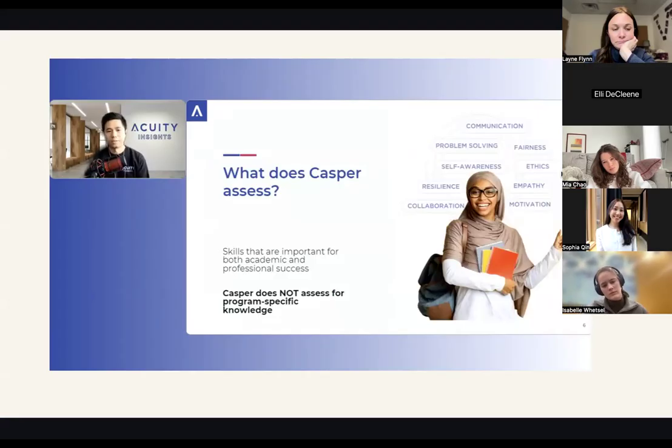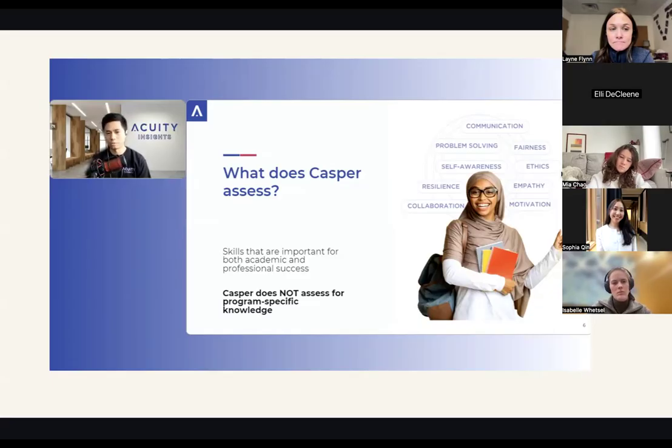So Casper assesses a balance of the aspects of social intelligence and professionalism that you see listed on this slide here. These are all skills and behaviors that we draw from whenever we're in a new and challenging situation. One thing is that Casper is not a knowledge-based test like the MCAT or the LSAT. So it doesn't require any industry-specific knowledge.